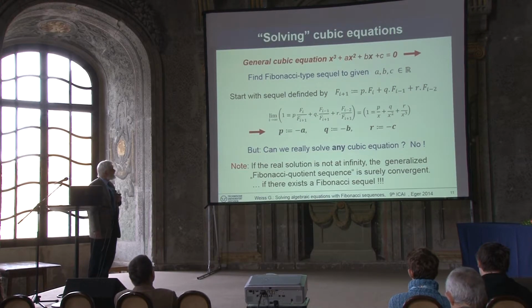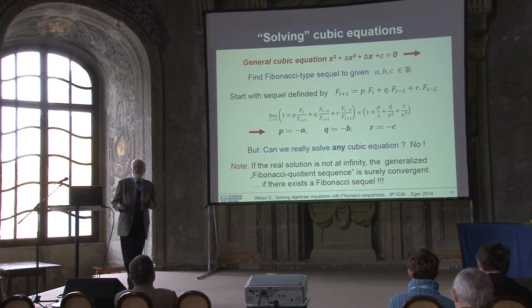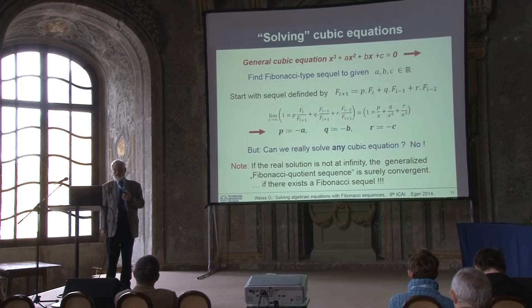But we have the problem. It looks like cubic equations always have a real solution. Yes, it always has a real solution. But in fact, we want to have a Fibonacci type sequence.